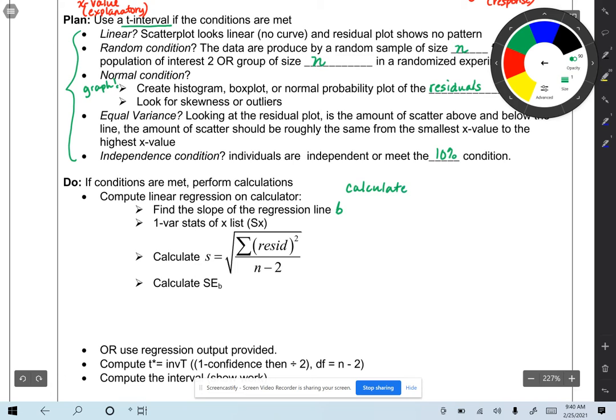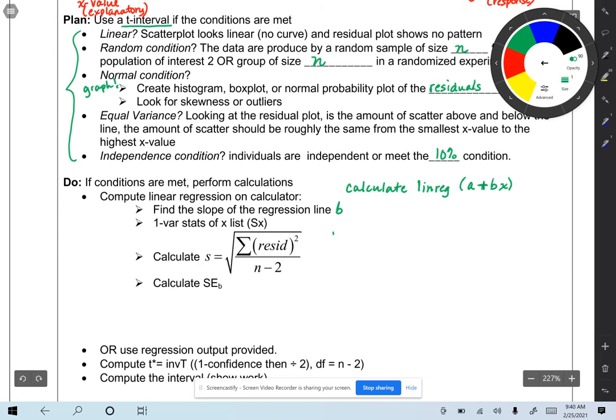So enter in your list and go to stat, edit, and enter your list, and then calculate the linear regression equation, a plus bx is what we want to use in stats. So use that form, and then that'll tell you what the slope is. And then do a 1 variable stats of your x list, and then you can calculate the s.